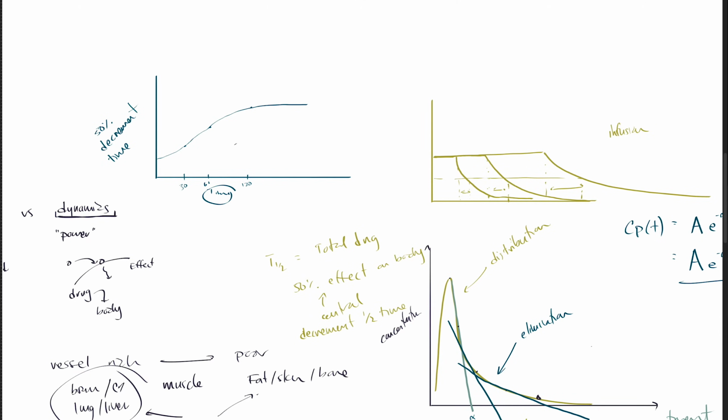And so opioids are so lipophilic that they distribute a lot to the fats. And then as you go longer and longer with your infusion, it takes longer and longer for them to seep back out. And so a classic opioid that takes longer and longer is fentanyl. So fentanyl gets higher and higher and higher.